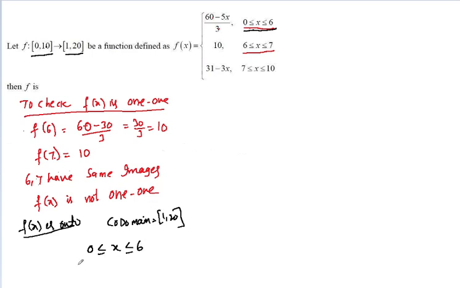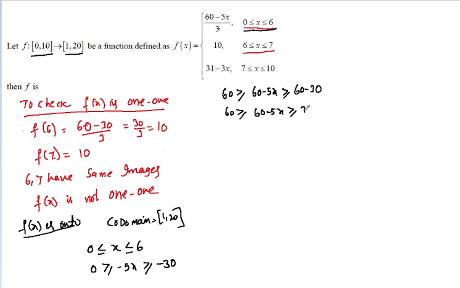Now multiplying by minus 5, that is minus 5 into 0, 0 will be greater than or equal to minus 5x greater than or equal to minus 5 into 6, minus 30. Now I add 60 on both sides, that is 60 greater than or equal to 60 minus 5x greater than or equal to 60 minus 30, which is 30.